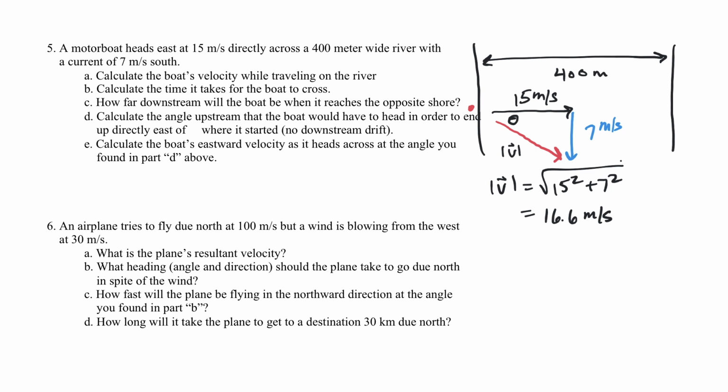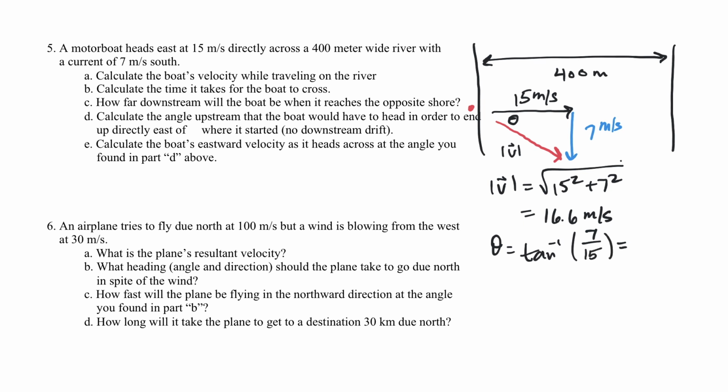Because the boat's going downriver, the river is giving the boat a little bit of a speed boost. For the direction, if I do tangent inverse, it's going to give me a negative angle because it's technically in the fourth quadrant. So tangent inverse of the y part divided by the x part. What does that give us?